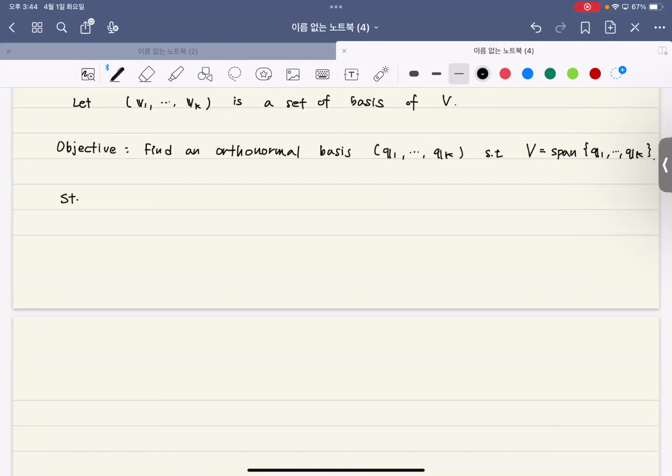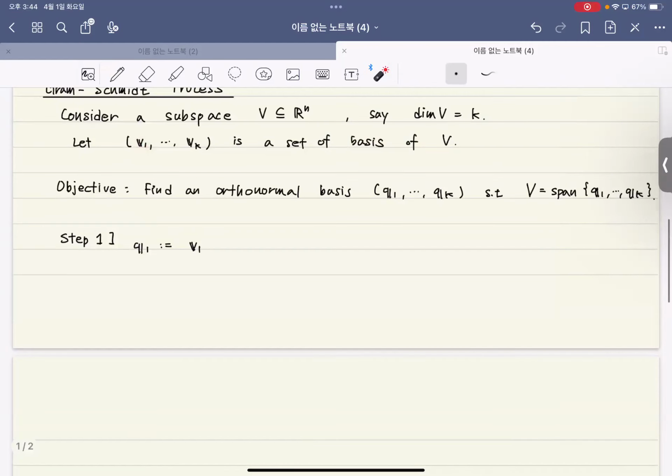Step number one is, I want to define my first orthonormal basis vector Q1, and Q1 is defined by normalizing the first basis vector. So hold on, what do I mean by normalization? Normalization means for any given vector, you make the length of that vector equal to 1.